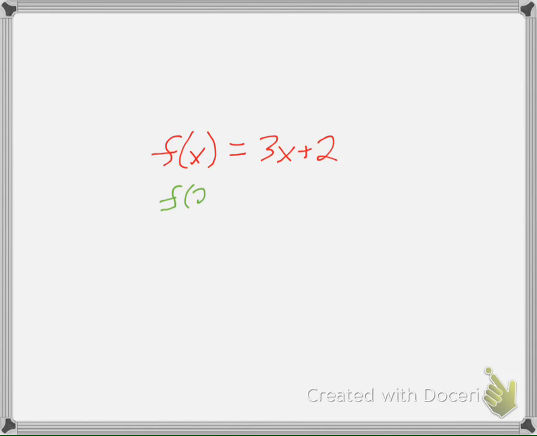Then I have f of 2 is equal to 3 times 2 plus 2. So that'd be 6 plus 2, so f of 2 is 8. All that means is f of 2 is the y value when x is 2. So you need to be familiar with function notation. So that's all there is in section 8.1.